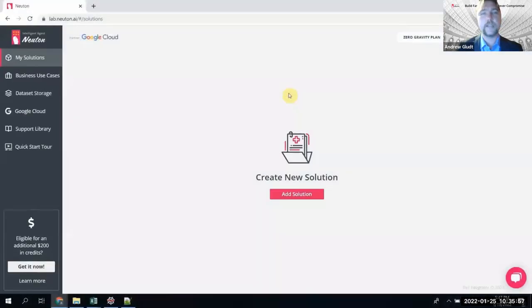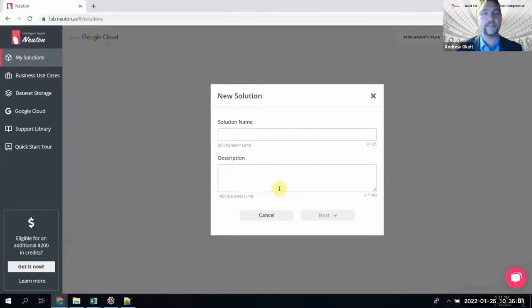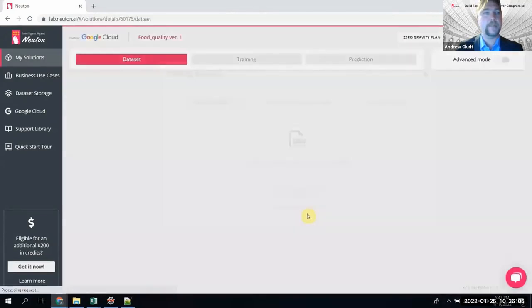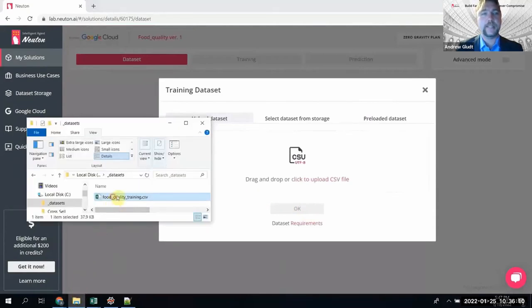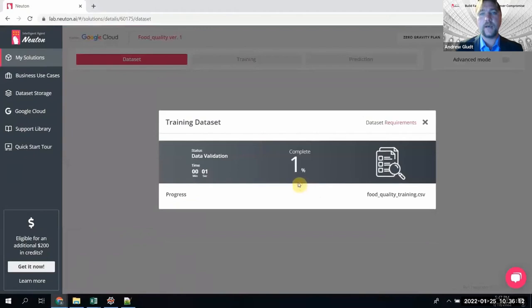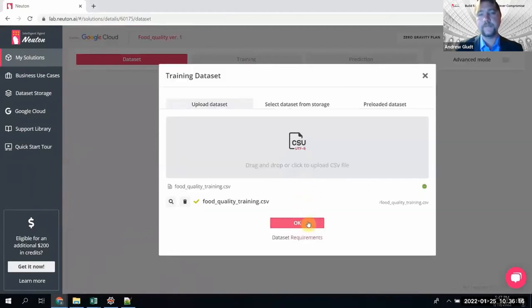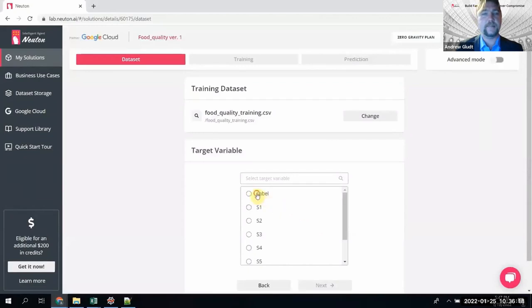So here we're going to look at creating the model. As we saw before, we'll just create the solution. And now we'll name it food quality. We can either upload the data set from our computer or from our storage. It's going to quickly look at the data set and make sure that it's valid.